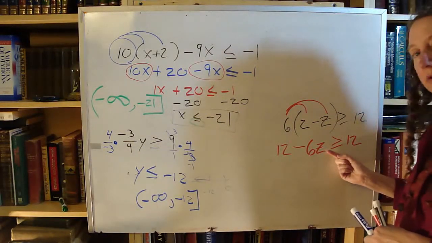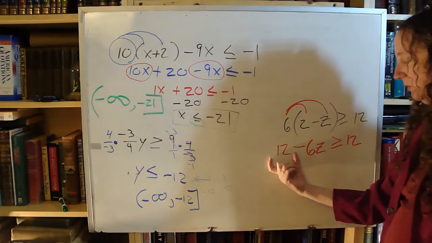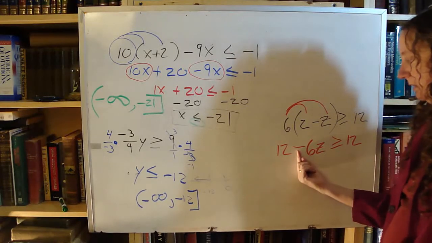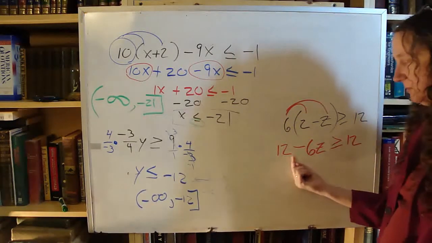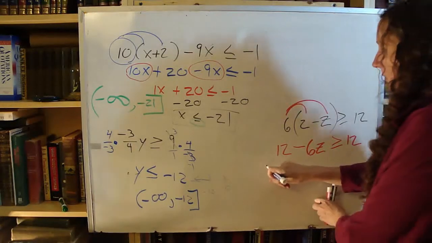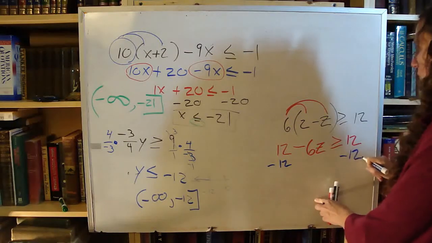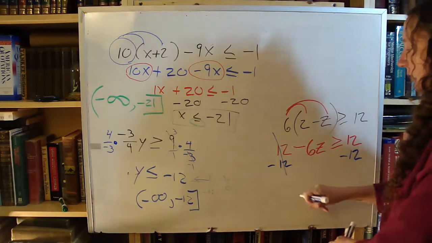Z is not alone. I go backwards with my order of operations to solve. So I get rid of the 12. That's just telling me it's either add or subtract. I see it's a positive number, so I'm going to subtract 12. Subtract 12. That cancels out.